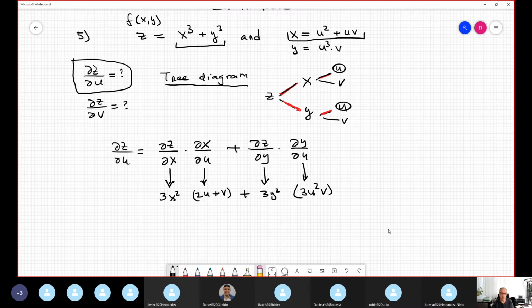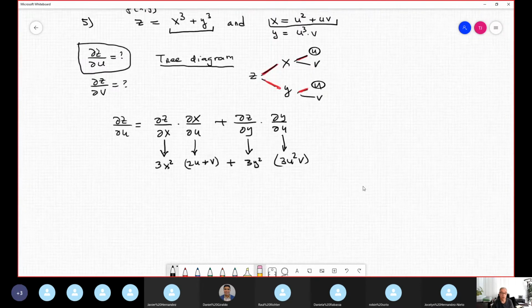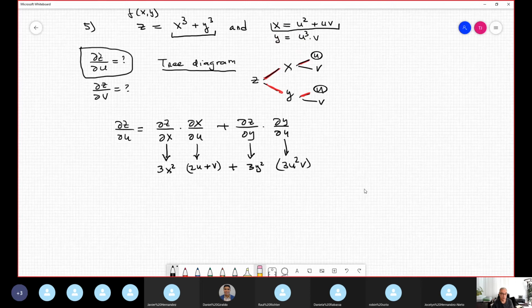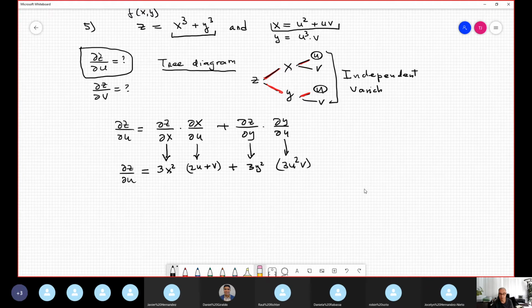Why no? Because you need to express the final answer using only the independent variables that we have in my problem. These are the independent variables. So now partial z with respect to u is equal to 3 times x squared. But what is x squared?